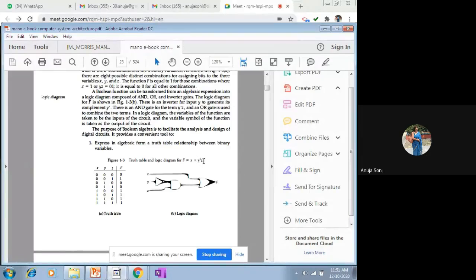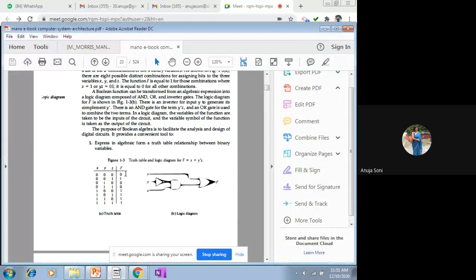So 0 plus 0 says that if both values are false, the result is false, or if at least one value is true, the result will be 1. But here in this case, 0 plus 0 will work out as 0. So this way the value of f has come out.